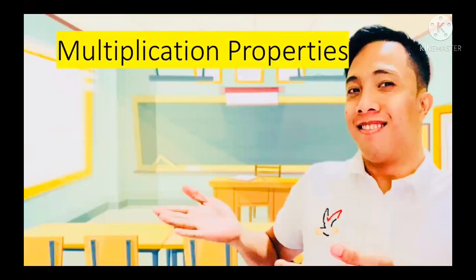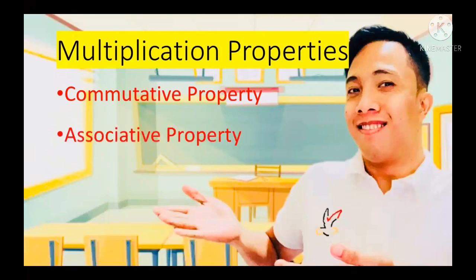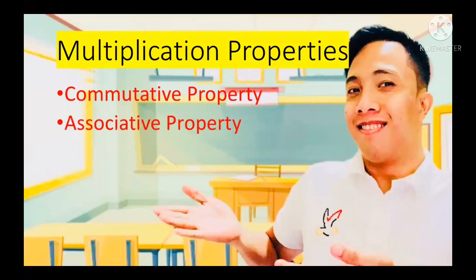These are the lists of the multiplication properties that I prepared. First one is the commutative property. Next, associative property. Identity property.